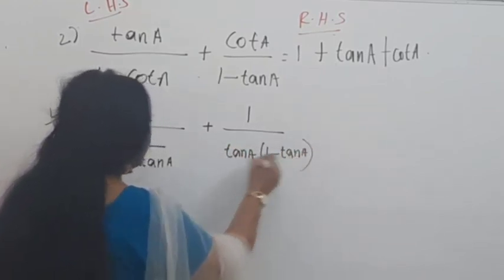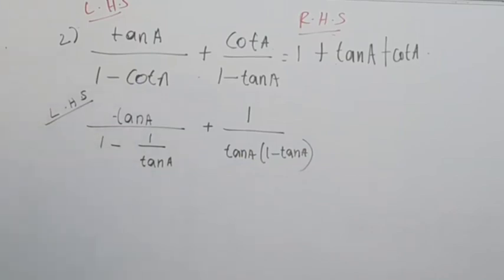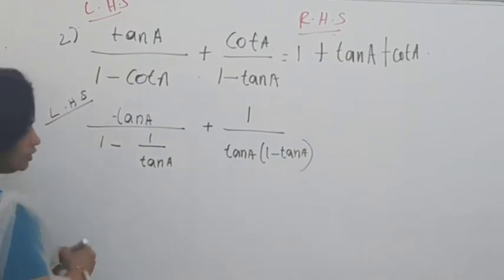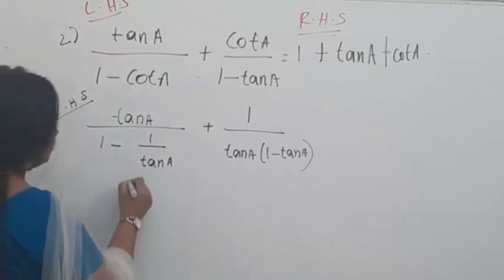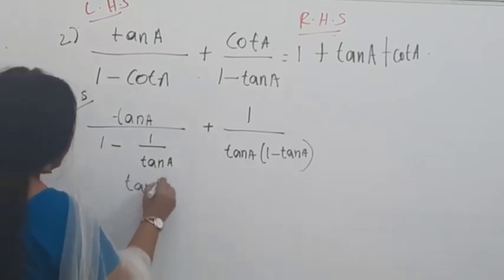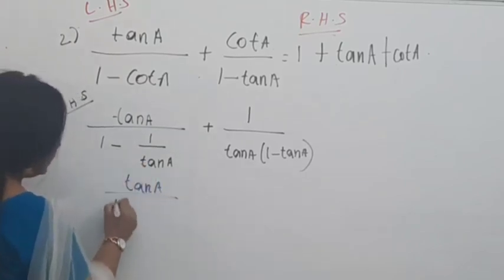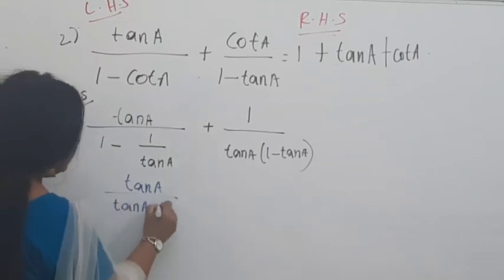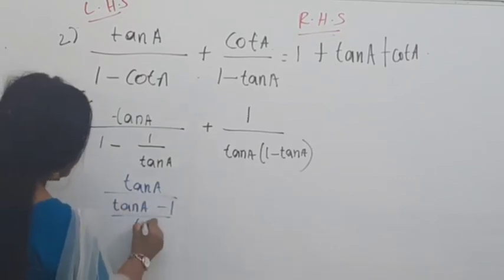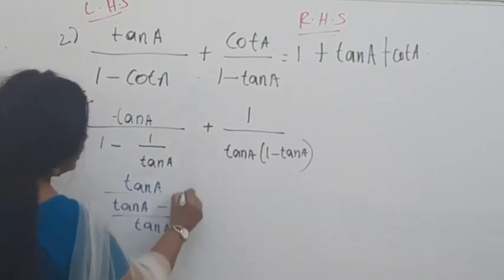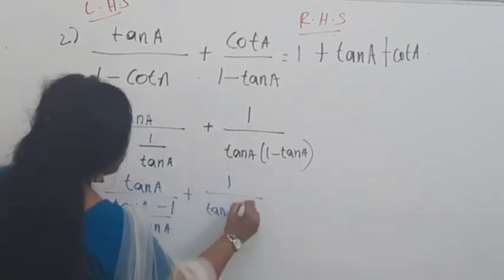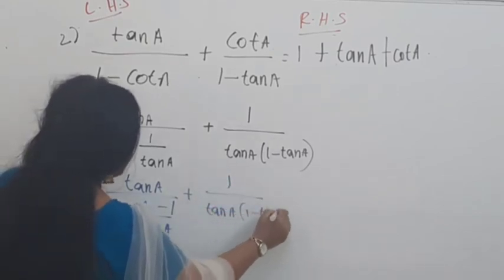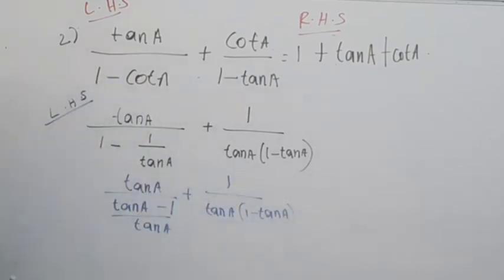Because cot A is 1 by tan A. Now taking the LCM, tan A divided by tan A minus 1 by tan A, plus 1 by tan A into 1 minus tan A. I cannot do anything here, so I keep it as it is.